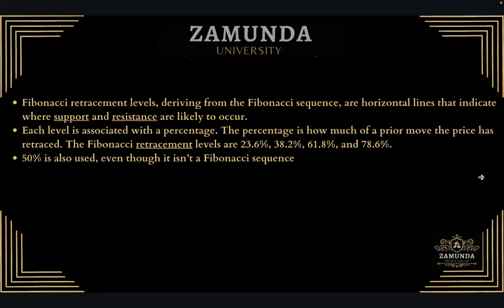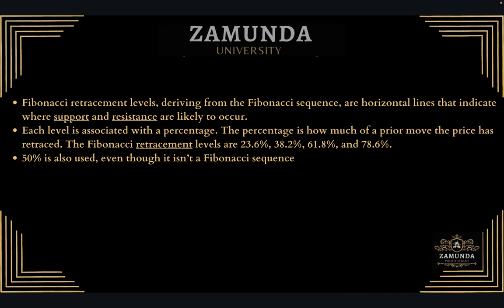Once again, none of this is important, but I think it's nice to know the origin of things, so you know where it comes from and how it can be implemented in trading. Fibonacci retracement levels, which derive from the Fibonacci sequence, are horizontal lines that indicate where support and resistance are likely to occur.